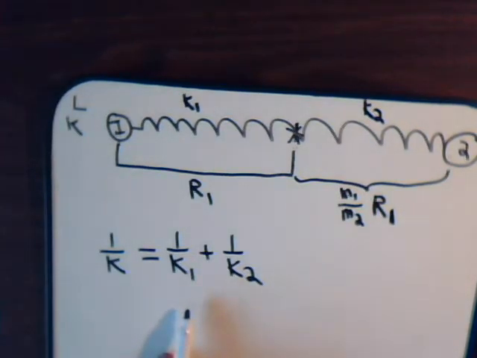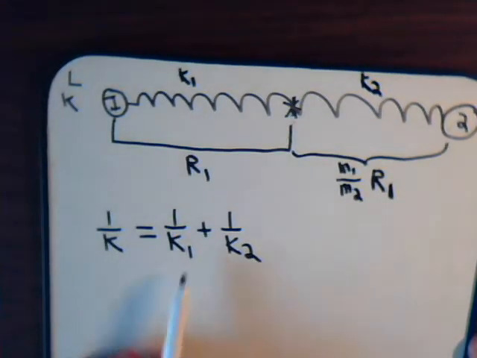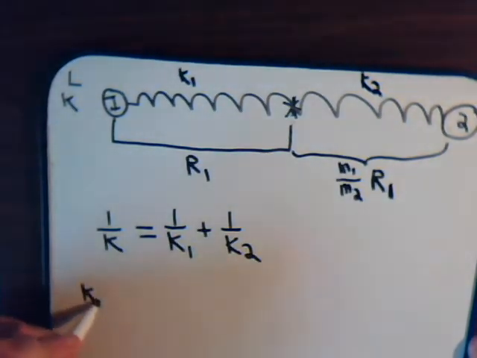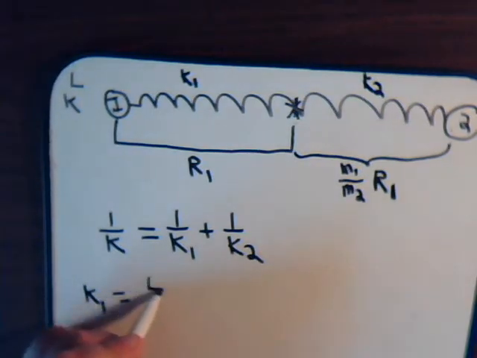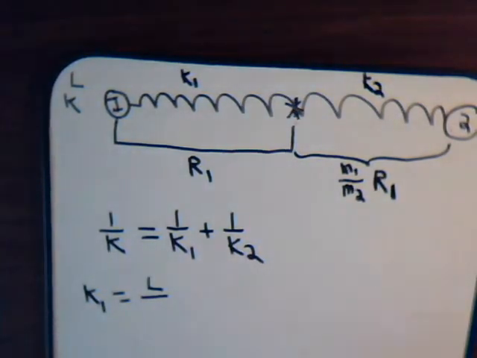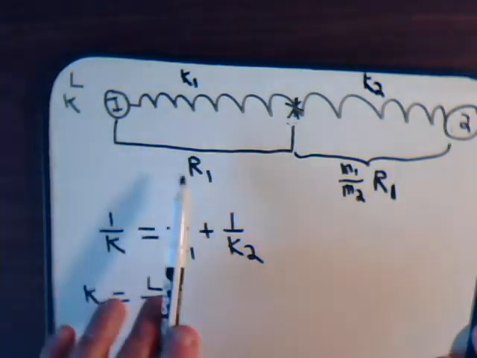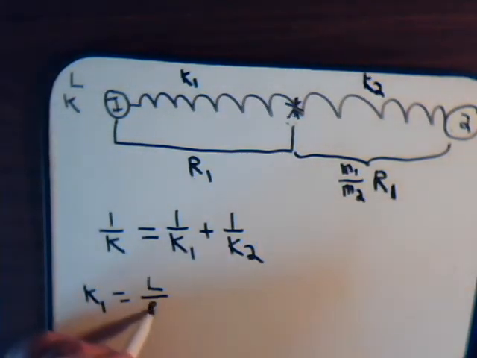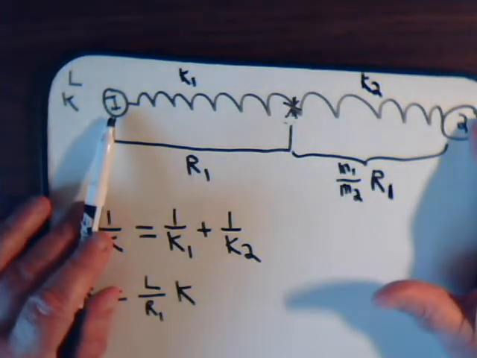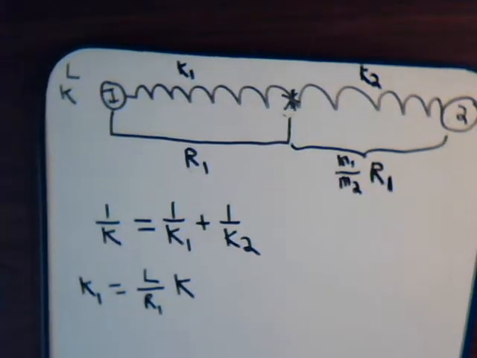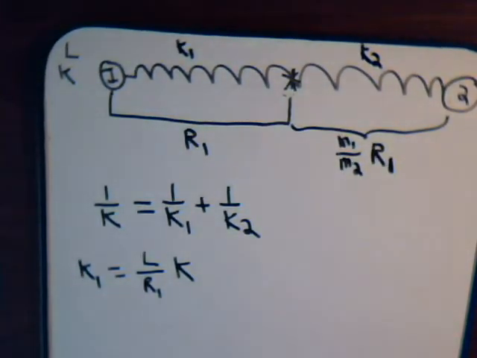And then in video 9, we also proved that K1 is equal to the length of the entire spring divided by the length of the shorter spring, which is R1, times the spring constant K for the entire spring. And again, we proved that in video number 9.